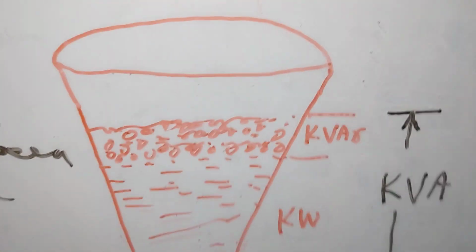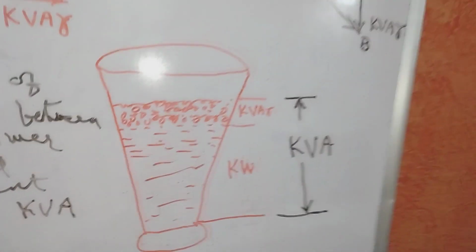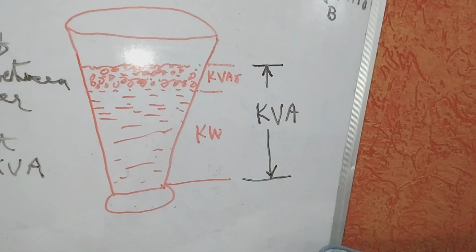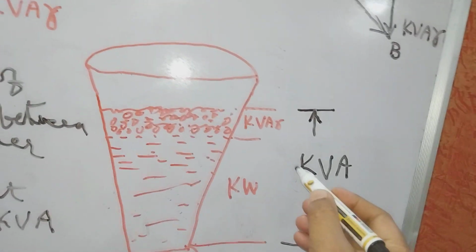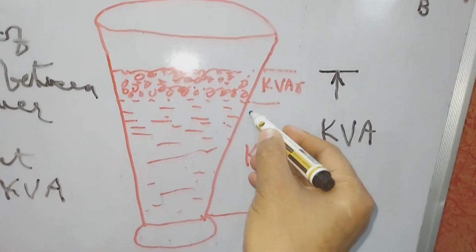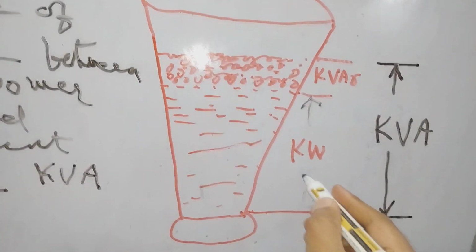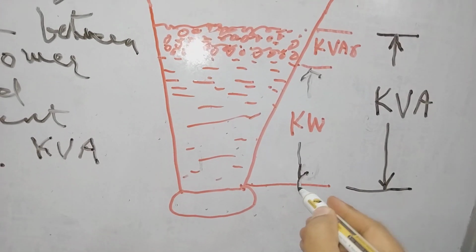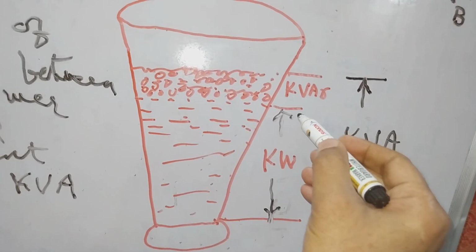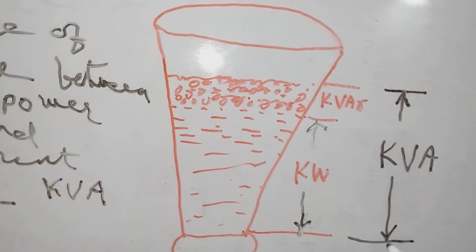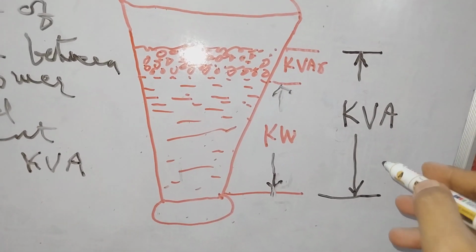The internet is filled with material suggesting power factor be compared with a beer glass, wherein the liquid portion is kilowatt, the end of liquid to end of foam portion is kVAR, and the total is kVA.